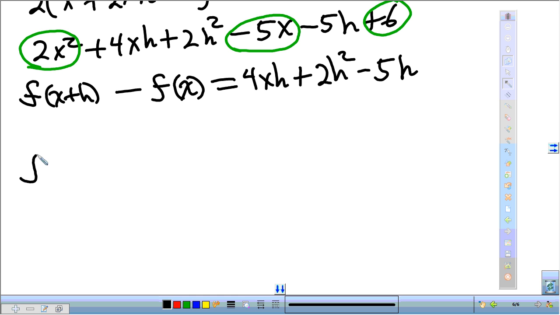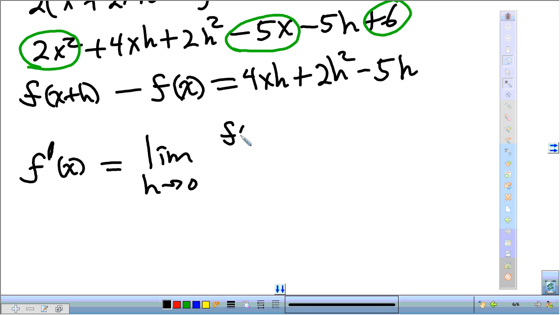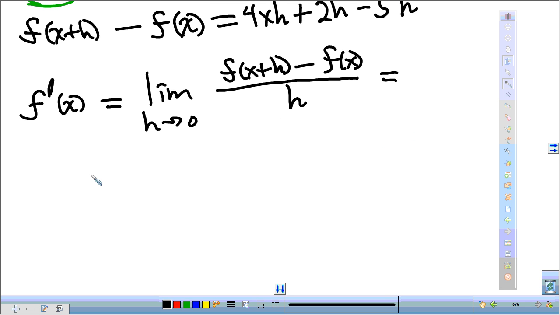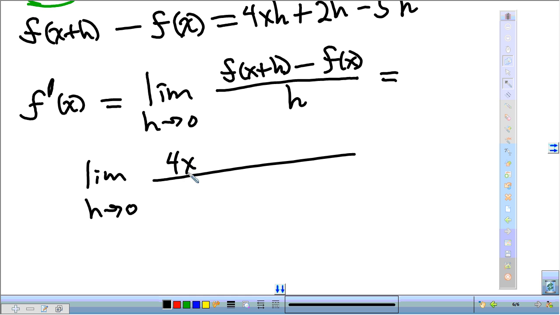So this f prime of x, or the derivative of f at x, should be the limit as h approaches 0 of f of x plus h minus f of x, divided by h. And now we've found that the numerator in the expression would be 4xh plus 2h squared minus 5h that we have up here, all divided by h.